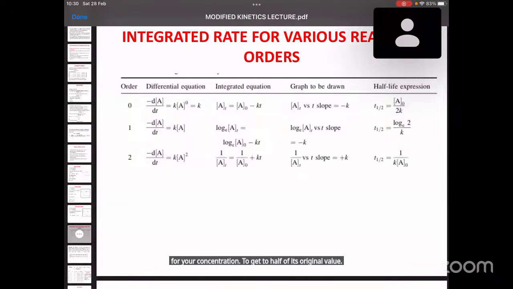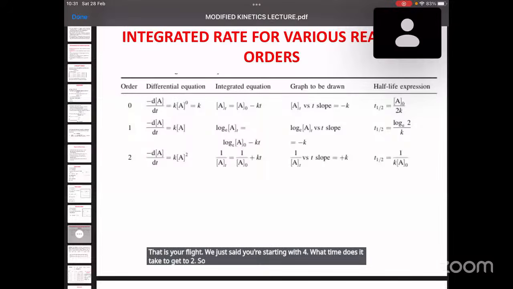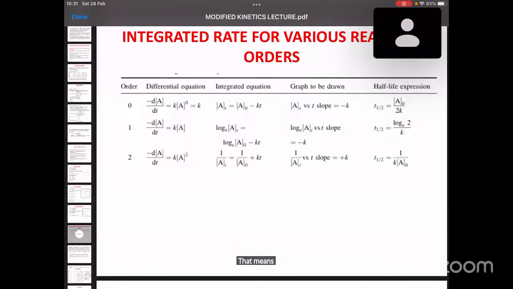That is your half-life. We just said you're starting with 4, what time does it take to get to 2? So if you're starting with A naught, that means at half-life, your At should be equal to A naught divided by 2. That's what I'm going to be writing in that slide.